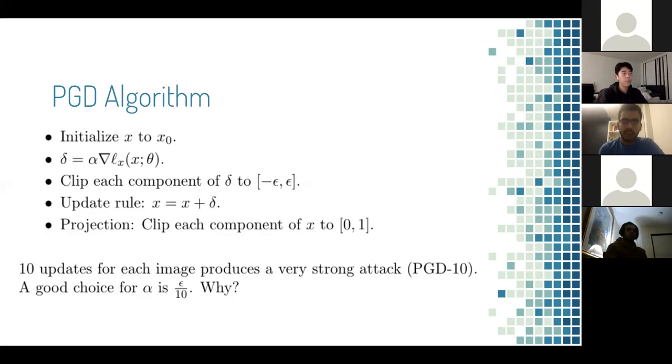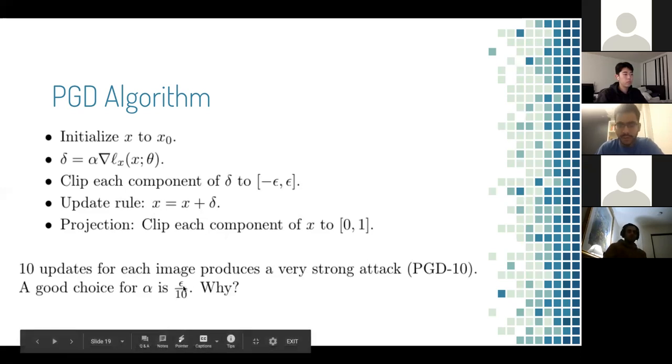That's not exact, like you won't be moving exactly epsilon by 10 away at every update. But on an order of magnitude, that's roughly how much you want to be moving. And that's why typically if you repeat this process 10 times, a good learning rate is epsilon over 10. If you're going to repeat this process only 5 times, you might want to choose epsilon over 5.